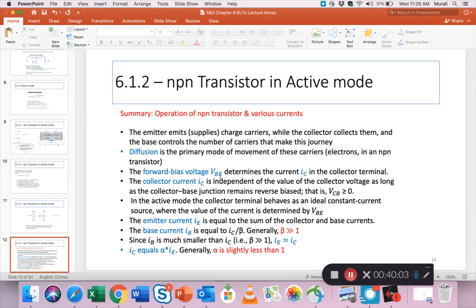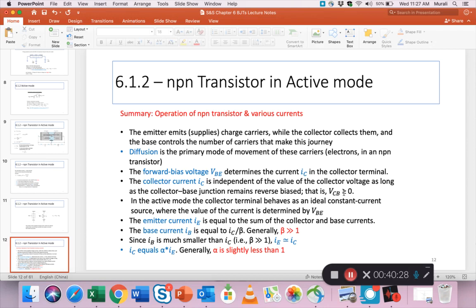The forward bias voltage VBE determines the current IC in the collector terminal. We saw that relationship already. The collector current IC is independent of the value of the collector voltage as long as the collector base junction remains reverse biased, that is, as long as VCB is greater than or equal to 0.